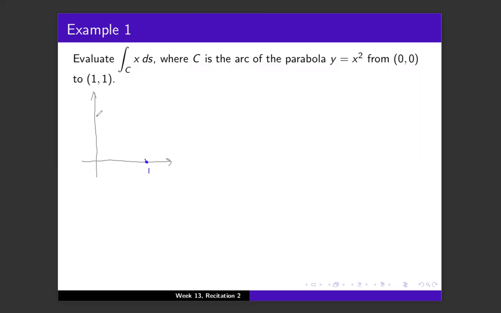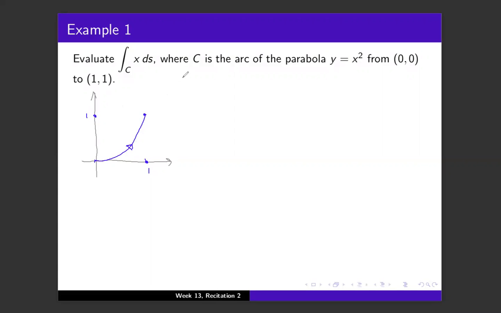We know it's going to be this arc of the parabola. This is C from (0, 0) to (1, 1).